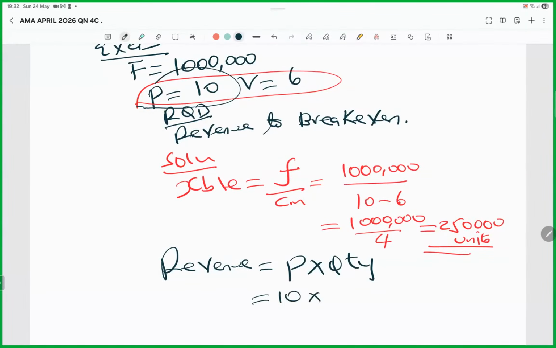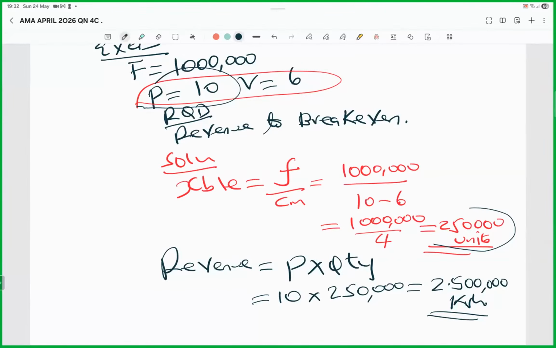So this is 10 times the quantity to break even, which is 250,000. That is why you saw some students there getting 2.5 million Kenya shillings. So anytime they want me to give them revenue, revenue is price times quantity. So first of all, get quantity to break even and then monetize it. How do we monetize it? We take price times quantity.